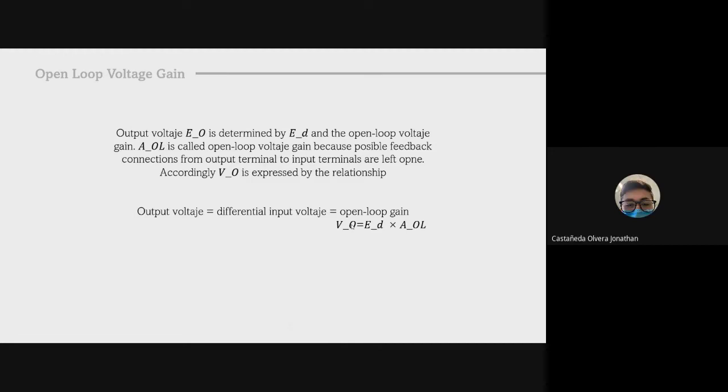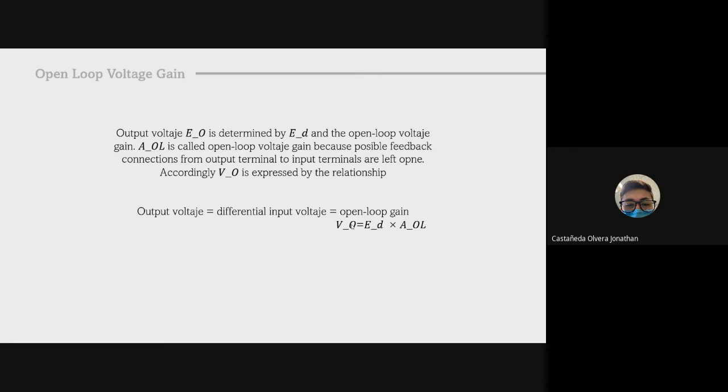I'm going to talk about the open loop voltage gain. Let's start with the definition. The output voltage, represented by EO, is determined by ED, the differential input voltage, and the open loop voltage gain.